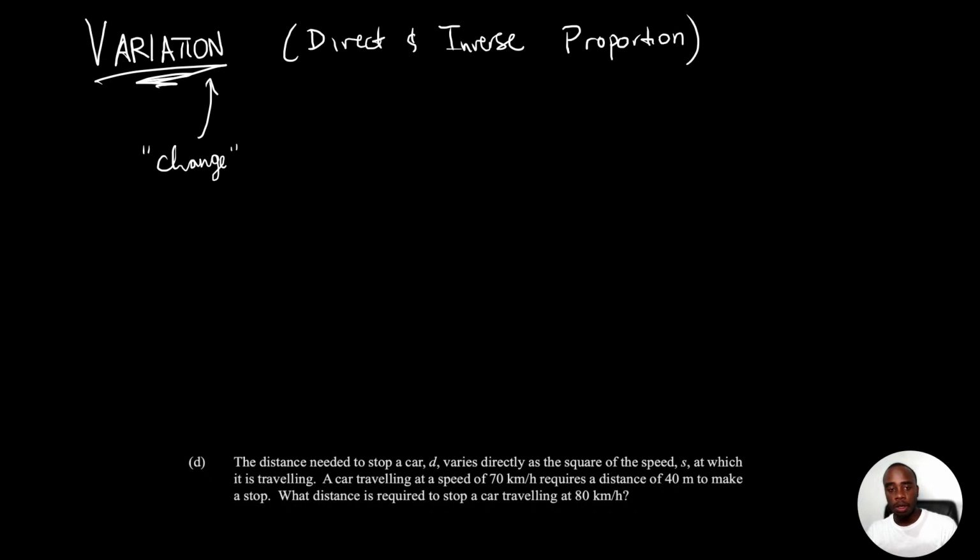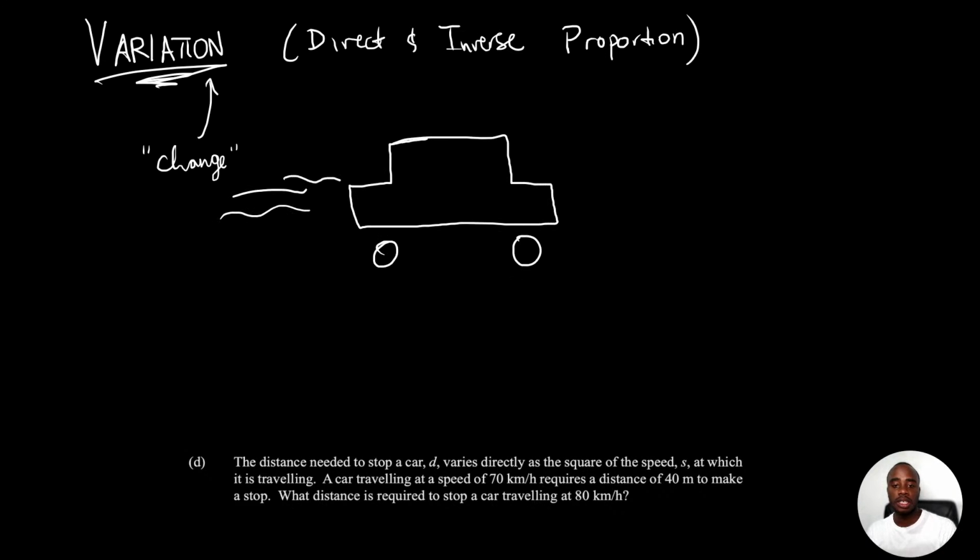For example, think about this. Suppose you're driving to get somewhere. Yeah, that definitely looks like a Benz. So you're driving to get somewhere. And of course, when you talk about speed, it tells how fast you're going. Distance tells you how far you're going.